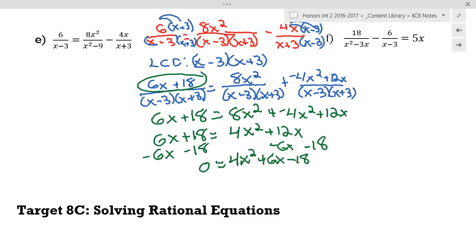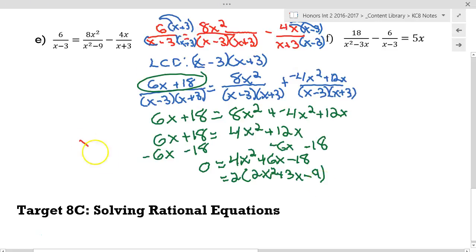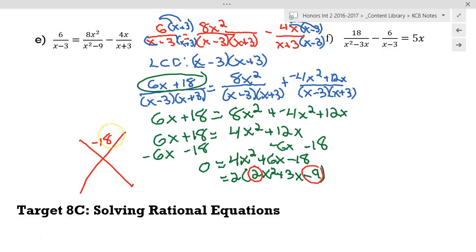Okay? Now I am factoring, just like we've been doing in every other problem. I'm going to pull out a 2. Once I pull out that 2, alright, I'm going to do my factoring. Remember, this is the one with something in front of the x squared. So I have to multiply to negative 18, but add to 3. That's 6 and negative 3.